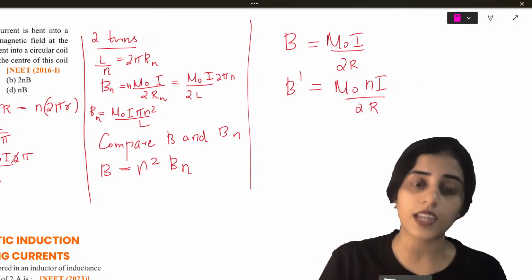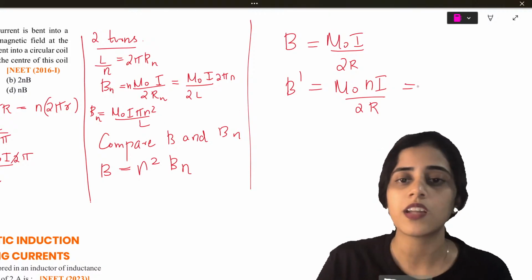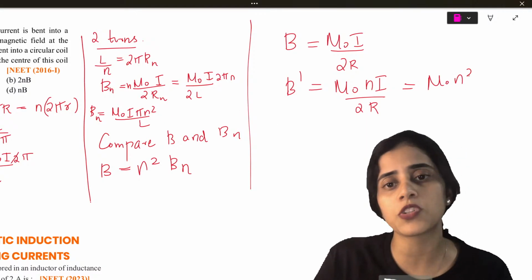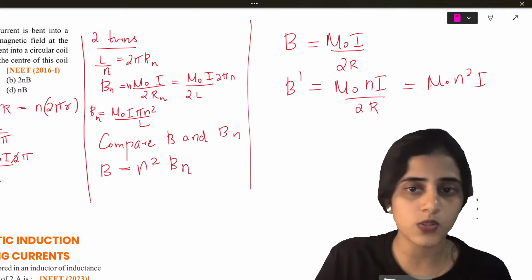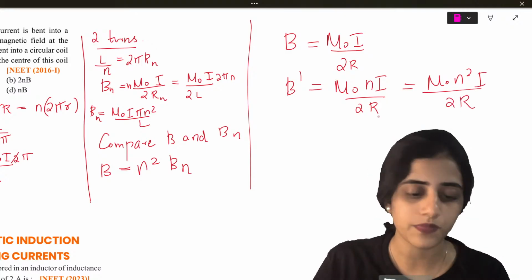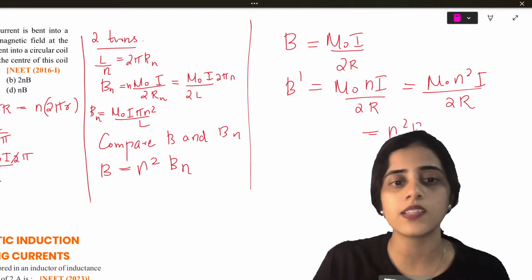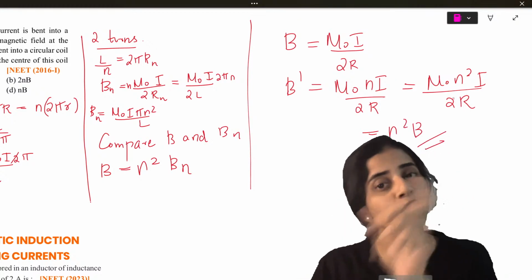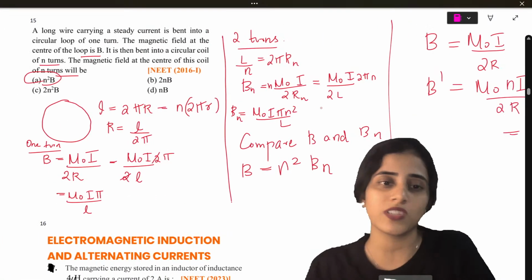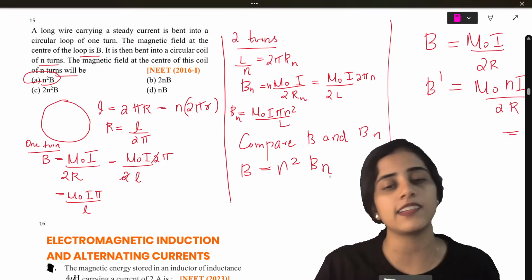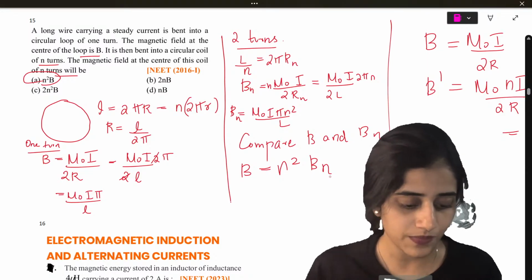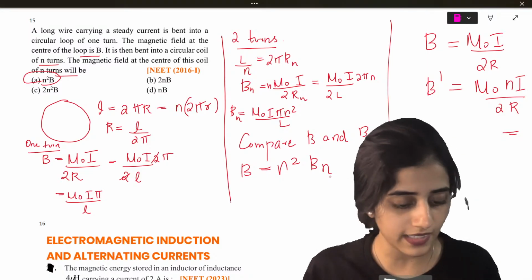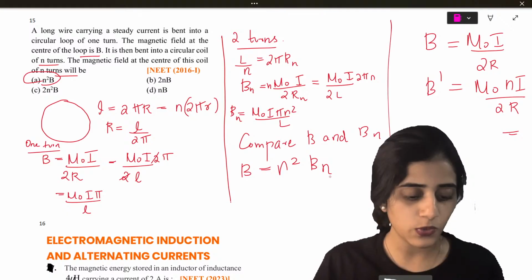Now you just substitute, and you will get mu 0 n square I by 2r, which is n square B. But in this, you will have a doubt on how this formula came. Only if you know this, you will be able to do this. The full explanation is what I did here. I don't want anybody to learn anything by heart because that is not going to help you. So that's why I'm putting every step.